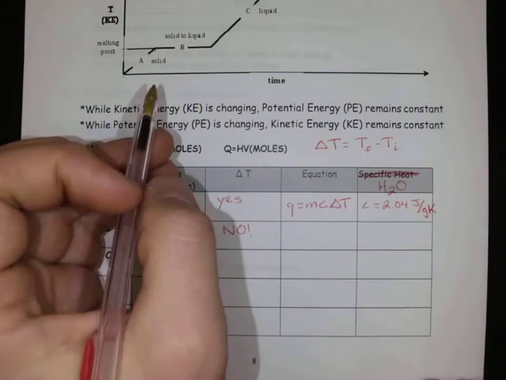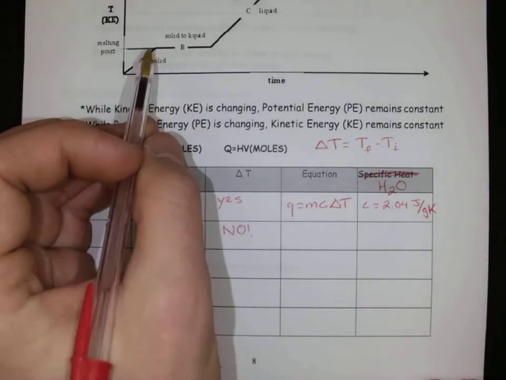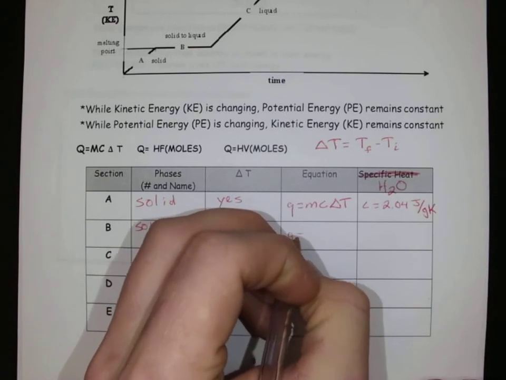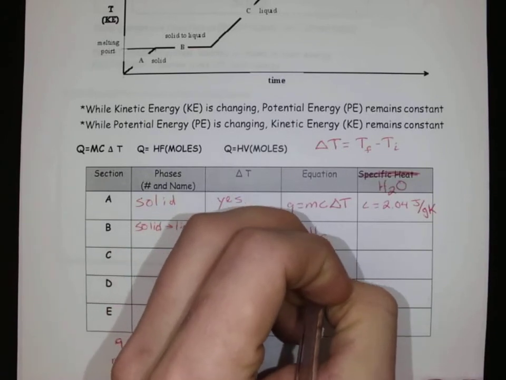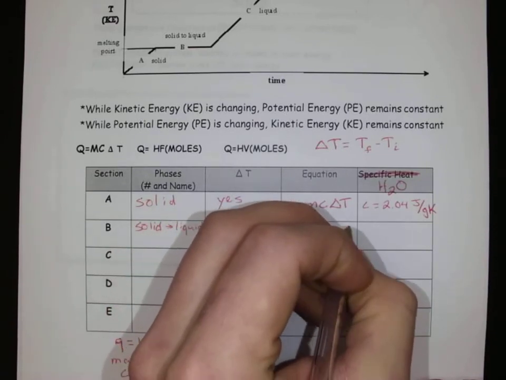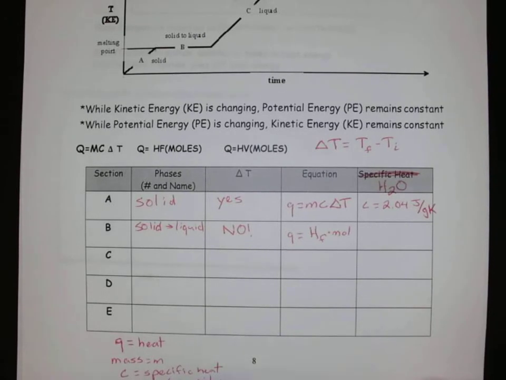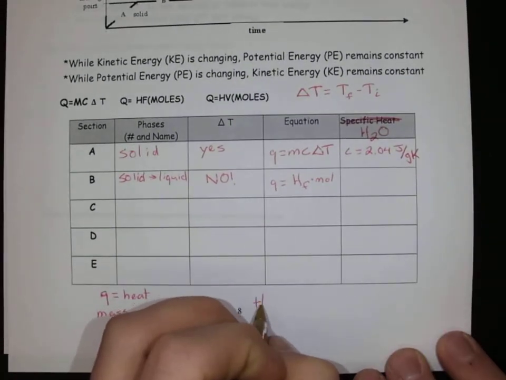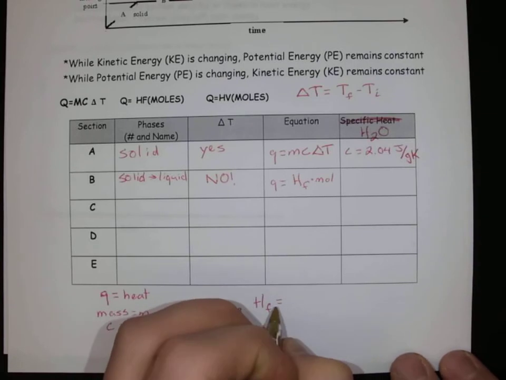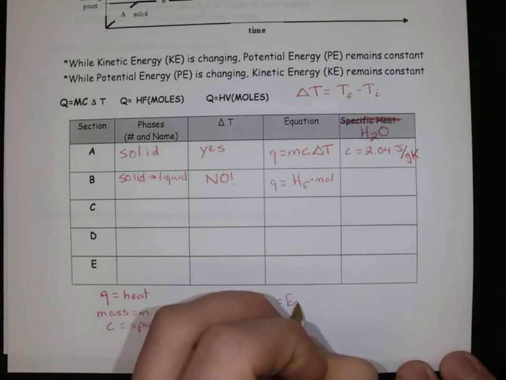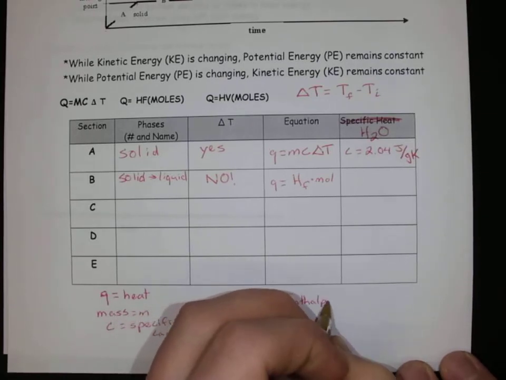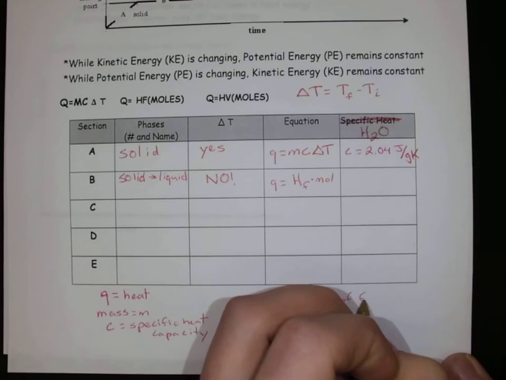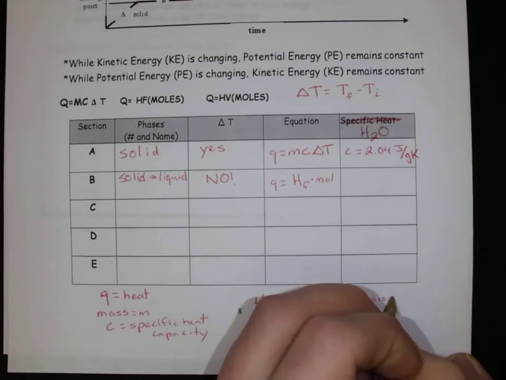So the equation that we can use to describe this section is Q equals HF times moles, okay? So HF, we're going to come back down here. HF is the enthalpy of fusion, okay?